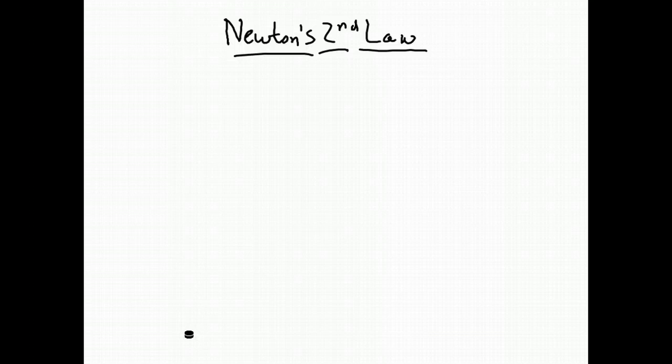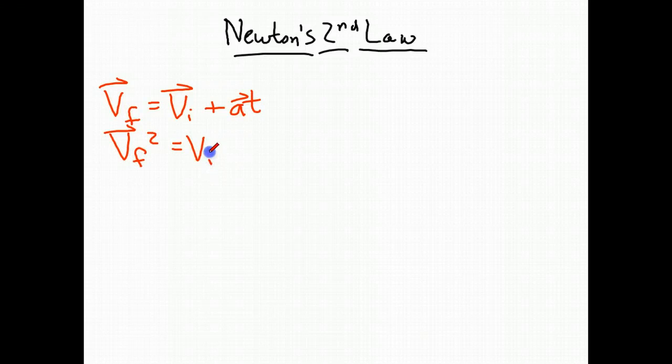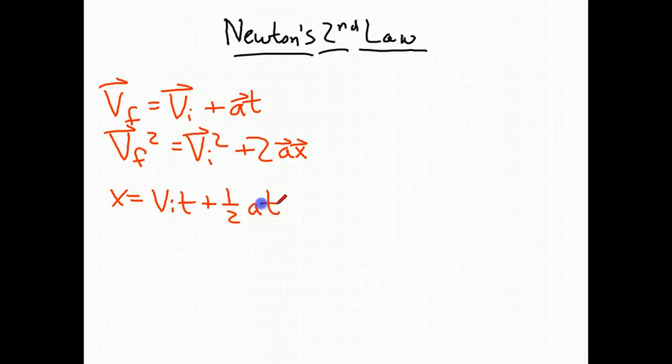So the kinematic equations, if you remember, and I hope that you do, would be VF equals VI plus AT. VF squared equals VI squared plus 2AX. Now this is for the x direction. We could talk about the y direction later. And x equals VIT plus 1/2 AT squared.